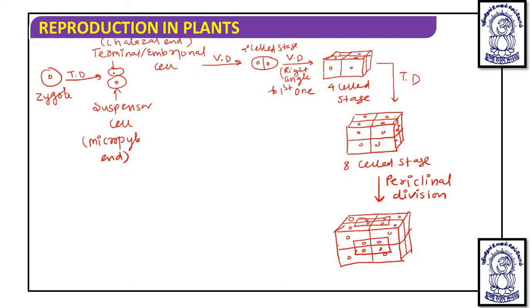Yes or no? So here you can see this upper octet. This is the upper octet, and in the upper octet you will see particularly 1, 2, 3, 4 cells and 1, 2, 3, 4 cells. So 8 cells are there. So it is the upper octet, and this is the lower octet. So 8 plus 8, a 16-cell stage is there.